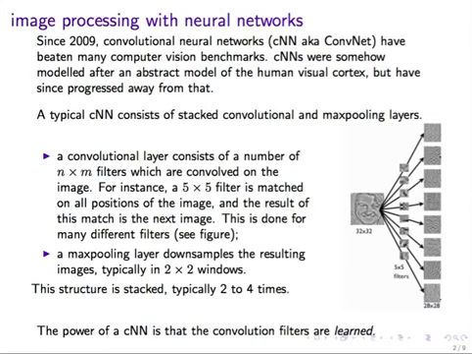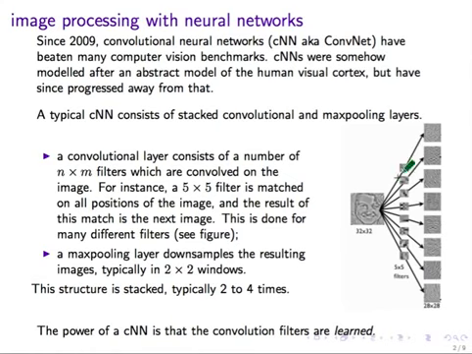The principle of a CNN is somewhat comparable to that of the SIFT algorithm. It has a layered structure. Typically, a CNN has a convolutional layer, followed by a max pooling layer, then again a convolutional and a max pooling layer, and so on. A convolutional layer contains a number of filters, for instance of size 5 times 5 or perhaps 12 times 12 pixels.